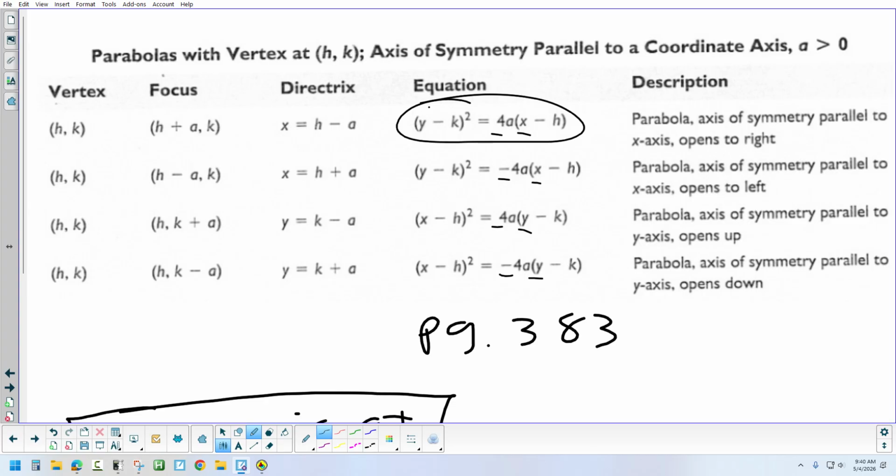You don't even have to think about it at all. We can just draw a picture, and all these formulas will just automatically make sense if we really understand what's happening. So just know that the vertex is h, comma, k. And you're filling them into one of those 4 formulas.